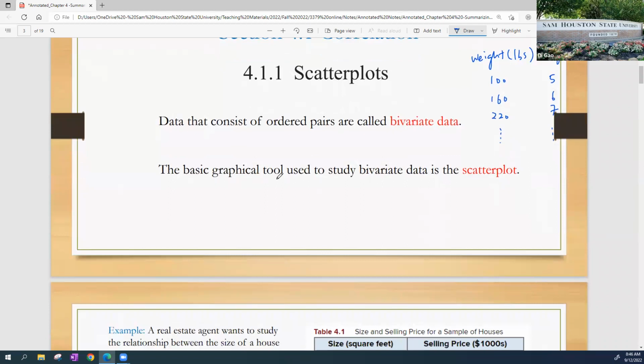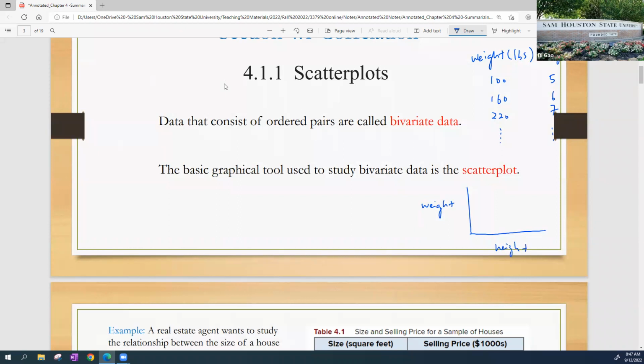So this kind of data, we call that bivariate data. And the basic graphical tool used to study bivariate data is the scatter plot. So scatter plot is an XY axis plot. For example, we put weight here in the y-axis, and then height in the x-axis.